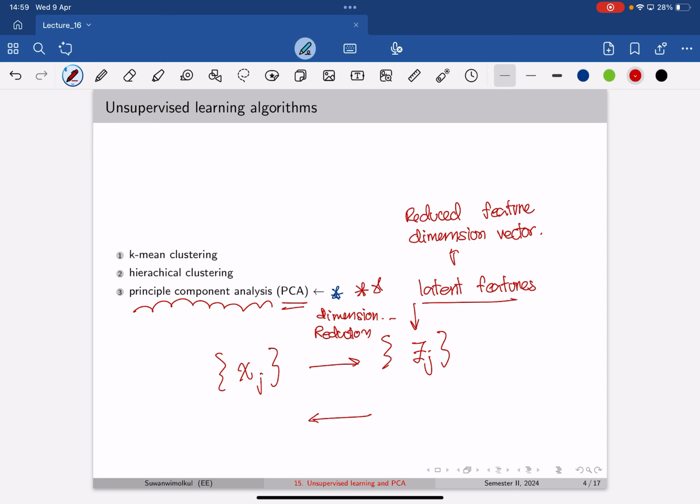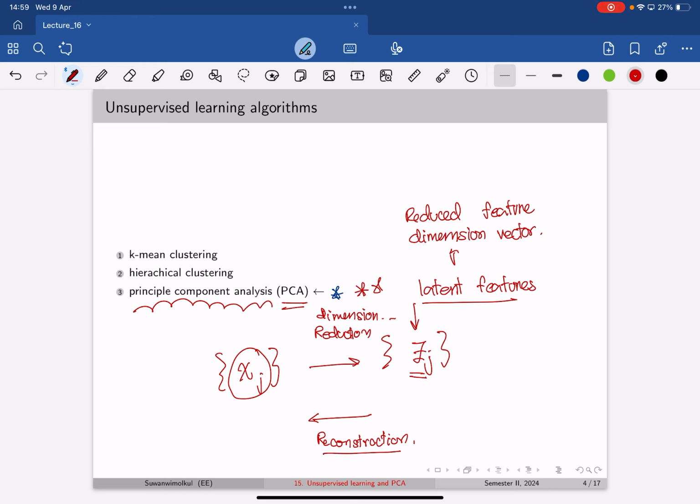What we will also have is the reconstruction. That is to ensure that whatever you have here as your latent feature will still faithfully represent your original data. Question is, why do we need to ensure this? Let's just put it simple.